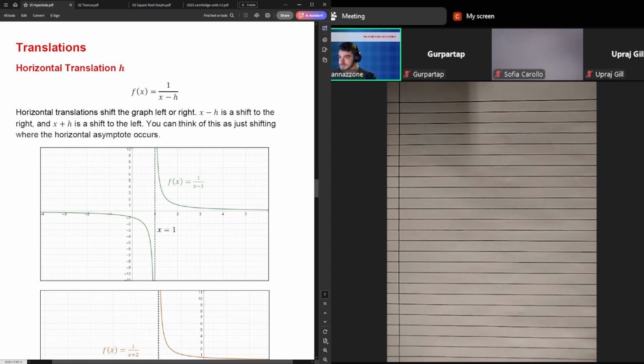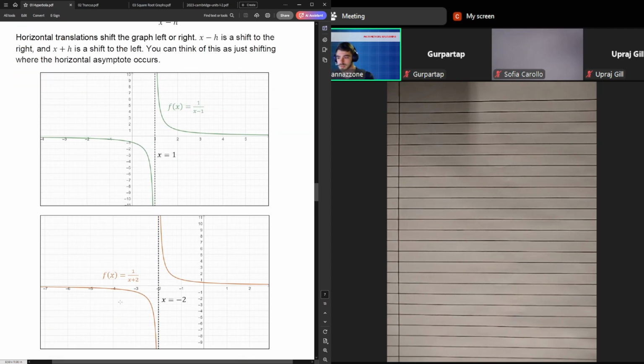As for translation factors, these work the exact same way as you might expect a quadratic to work, where when you have x minus a specific term, you're then shifting to the right by that term. So x minus 1, you're shifting to the right by 1. X plus 2, you're shifting to the left by 2.